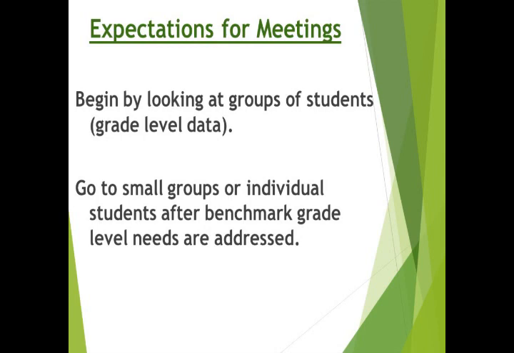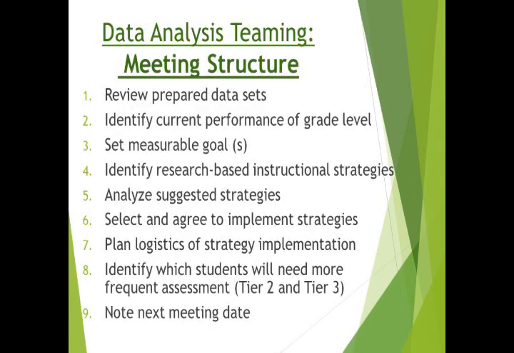And then we're going to want to look at our data meeting structure. So it could be one similar to this, where we review our data sets. We identify current performance of the whole grade level. We set measurable goals for the grade level. We identify research-based instructional strategies.